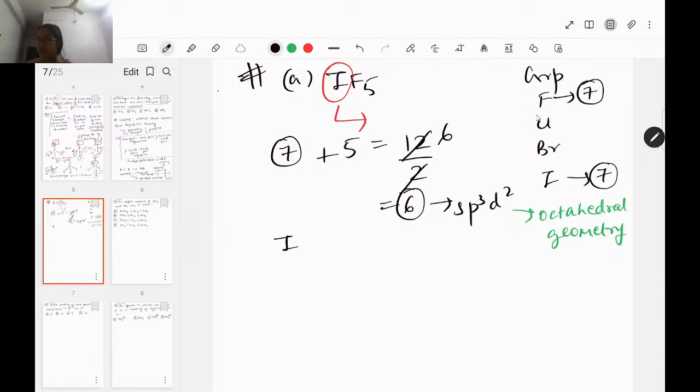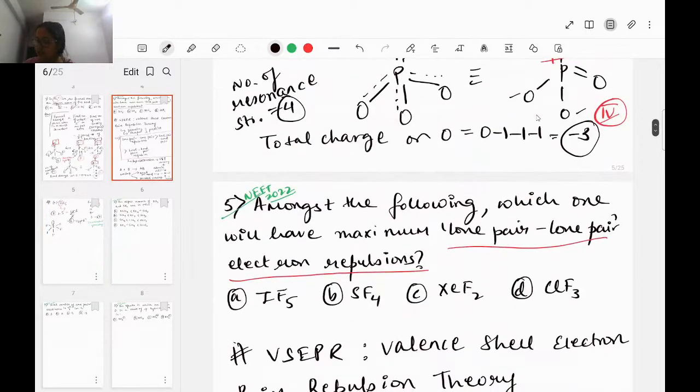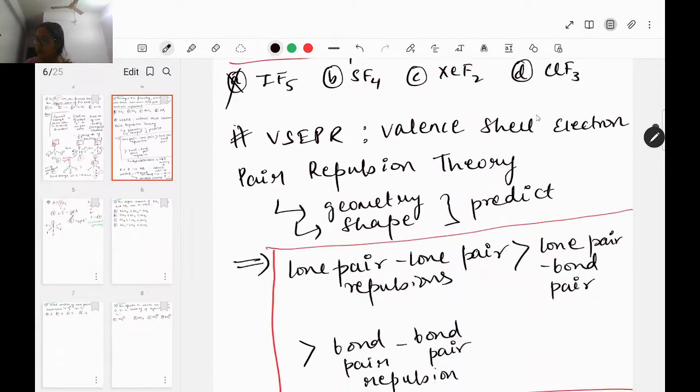I is in the middle, F, F, F, F, F. There are only 5 F atoms, so we can only draw 5. So there is only one lone pair left. And since there is only one lone pair, how can lone pair repulsions take place? They cannot. So the first option is incorrect.